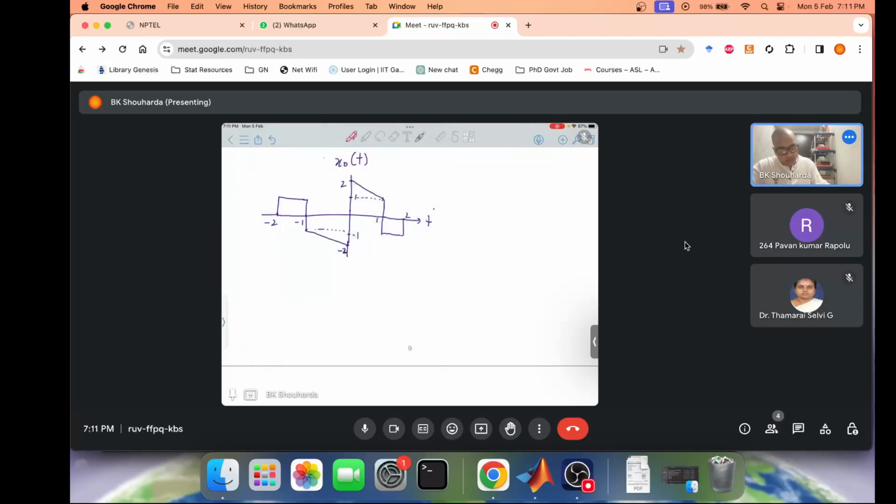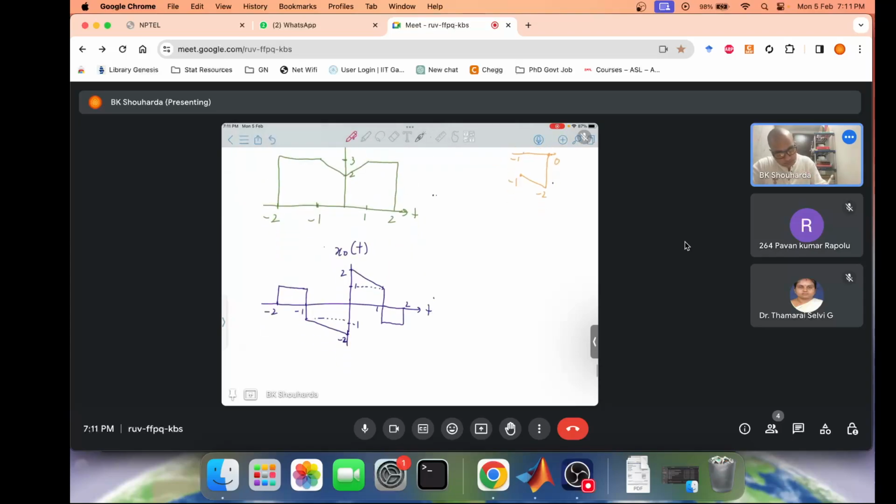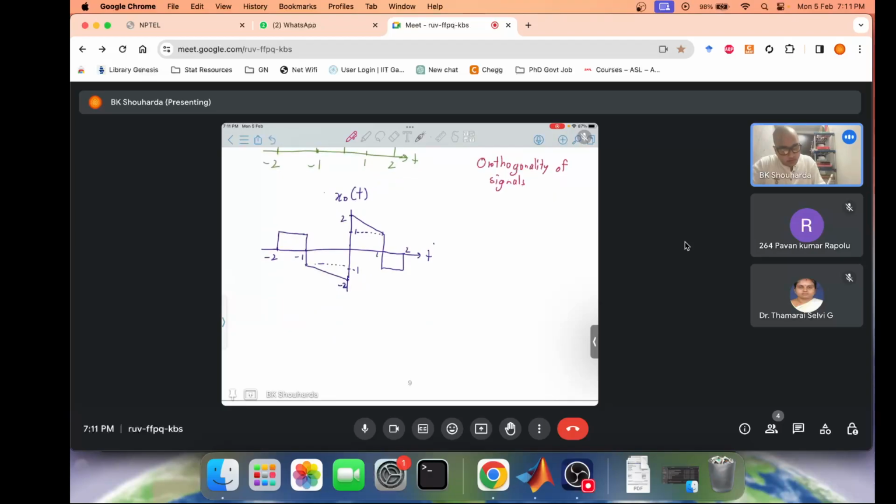Then we shortly mention something called orthogonality of signals. So as you might be knowing, any vectors v1 and v2 which belong to the n-dimensional space, let's say of real numbers, you can also have a vector of complex numbers, okay, are said to be orthogonal if their inner product is 0.